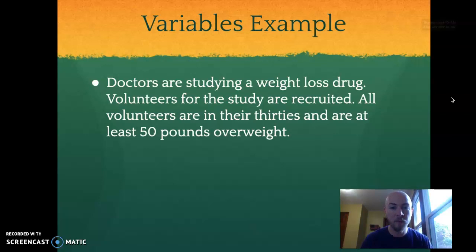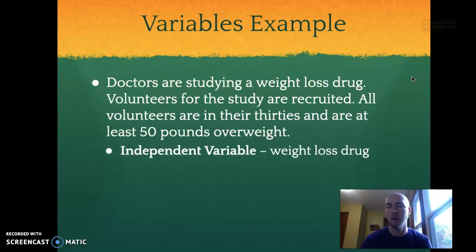Well, in this example, what is being tested? And what I love is that it usually says it right away in that first sentence. It says they are testing or they are studying or they are experimenting. Well, in this situation, doctors are studying what? A weight loss drug. So this answer is weight loss drug. Our independent variable, what is being tested, is the weight loss drug.